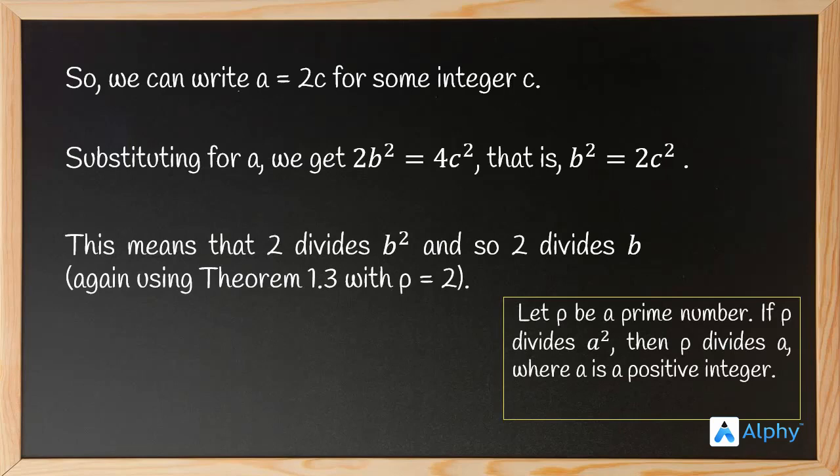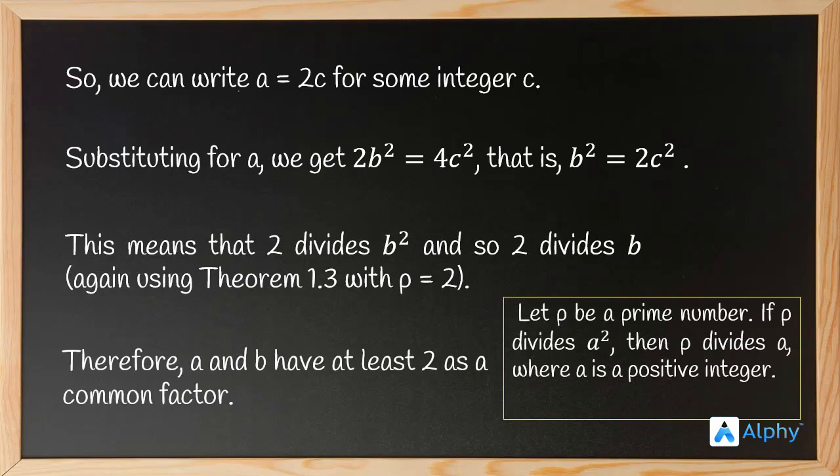So here the prime number is 2 and it divides b square, hence it is going to divide b also. Therefore a and b have at least 2 as a common factor. Now since a is also divisible by 2 and b is also divisible by 2, 2 becomes one of the common factors of both of these numbers.